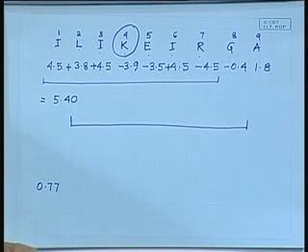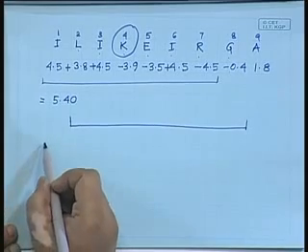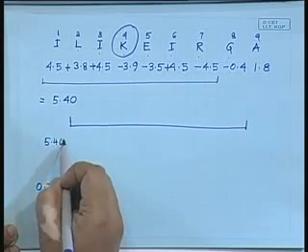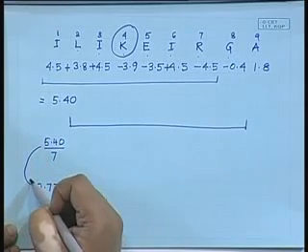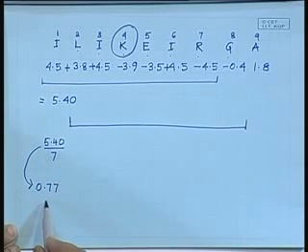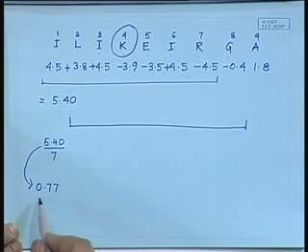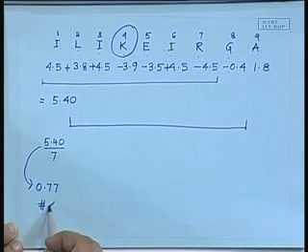And then I have to divide by 7 again. So 5.40 divided by 7 gave me the earlier value, which is assigned to the central residue, residue number 4.